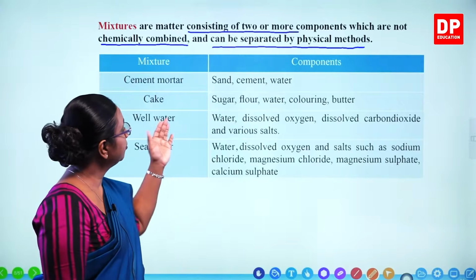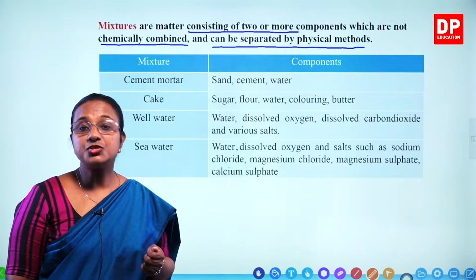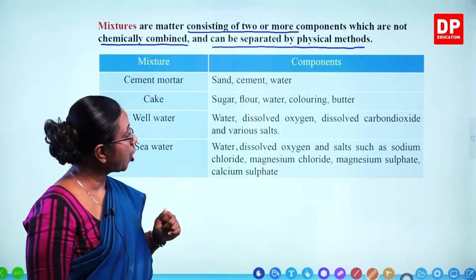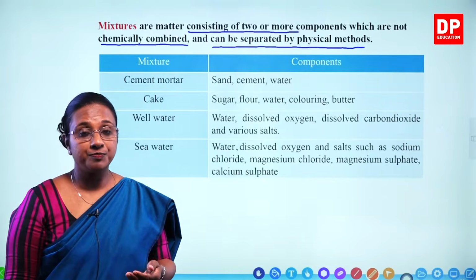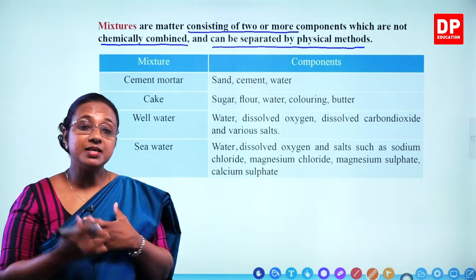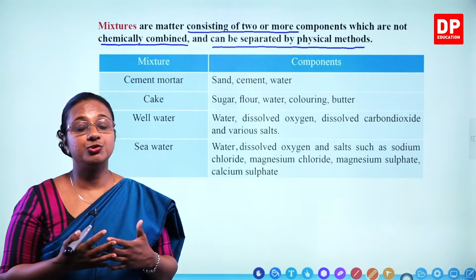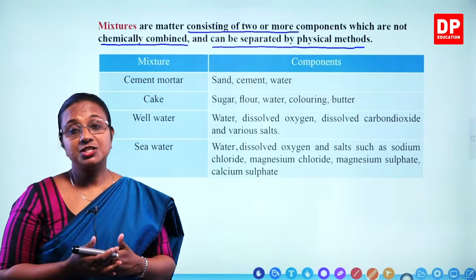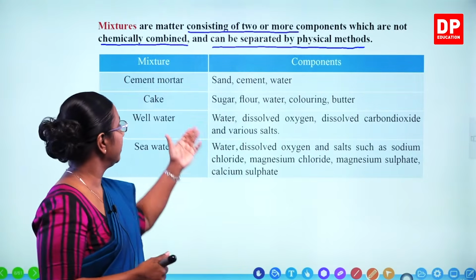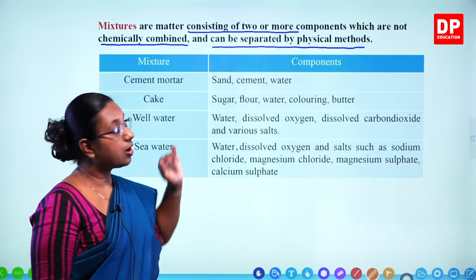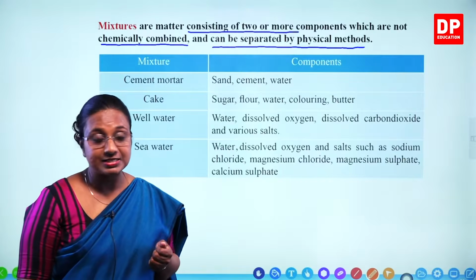Here again, you know that sugar, flour and butter are in the solid form, whereas water and coloring are in the liquid form. We usually beat the cake mixture so that it gets mixed very well and then we make the cake. So there also we use components of different states.